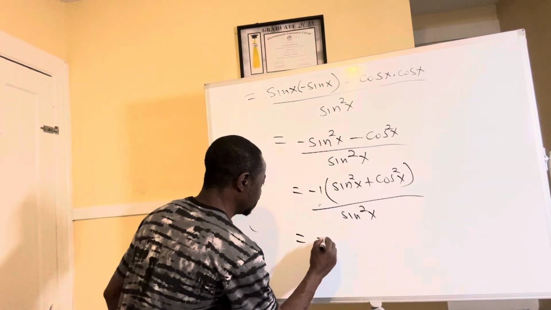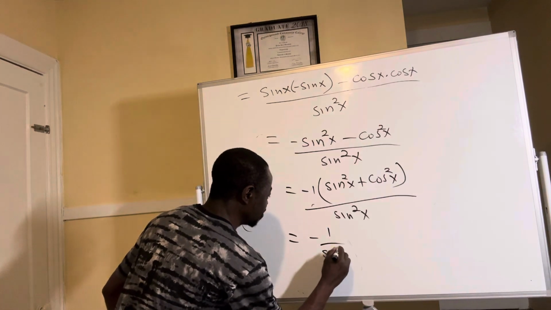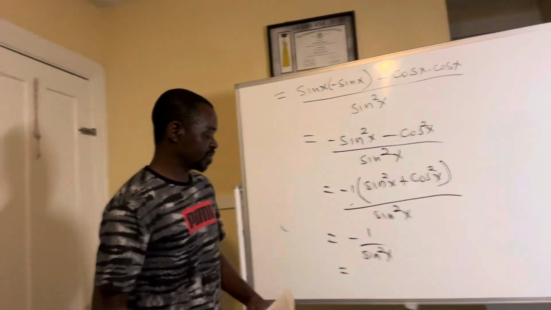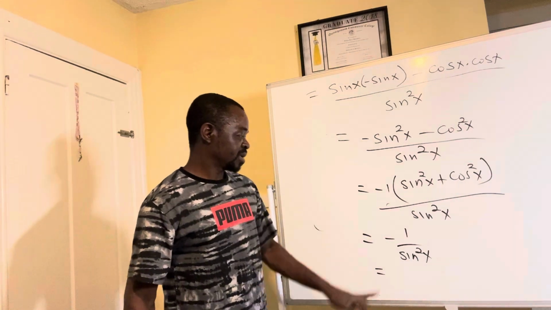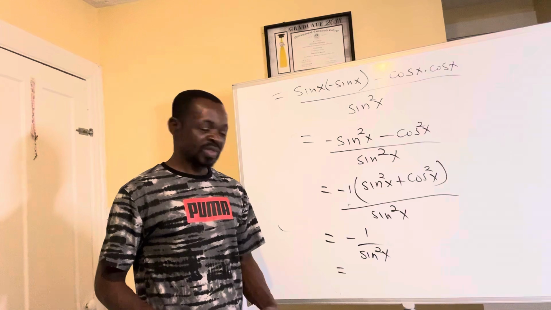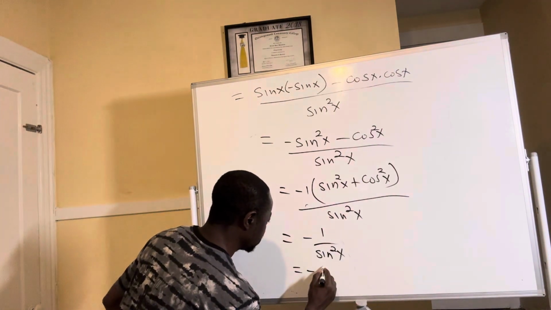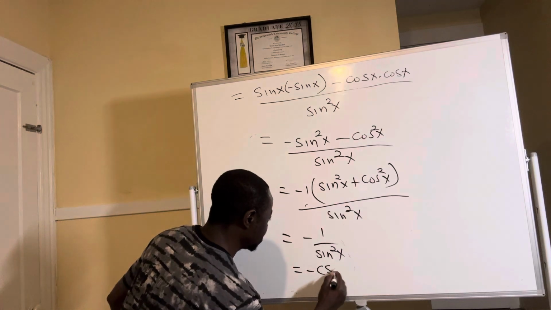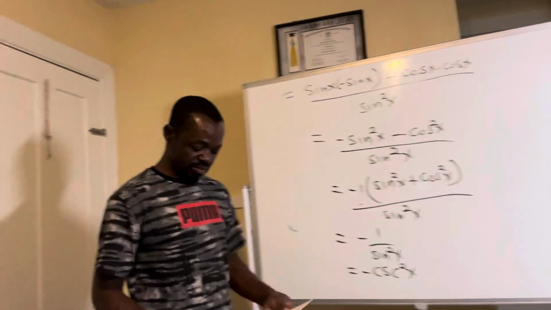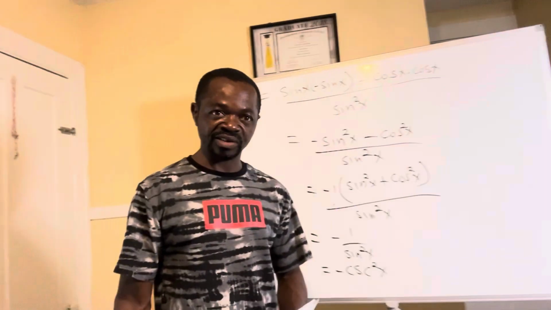So you have negative 1 all over sine square of x. If you take 1 divided by sine, it gives us cosecant. There's a negative here and this is squared, so negative cosecant squared of x. That gives us our final answer for this question.